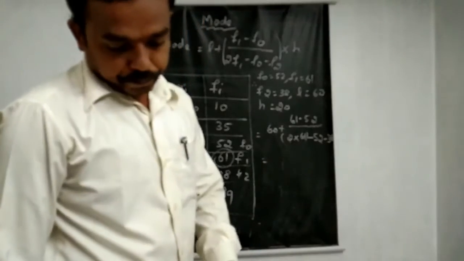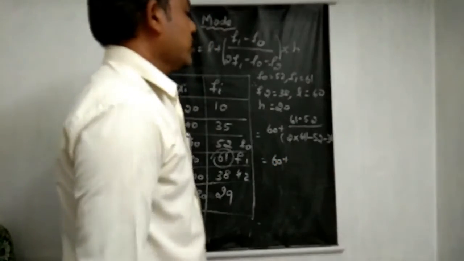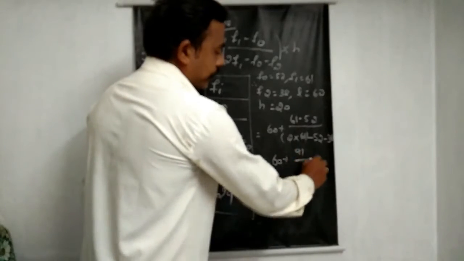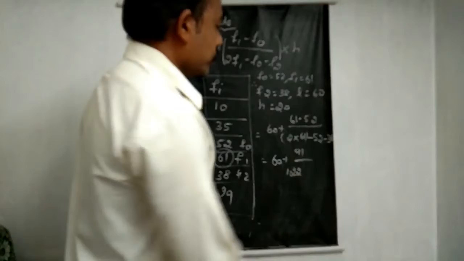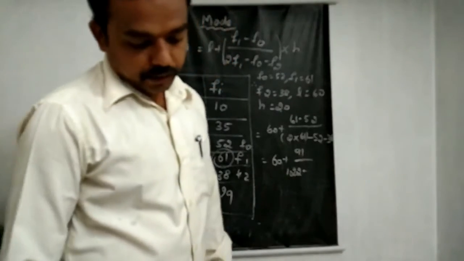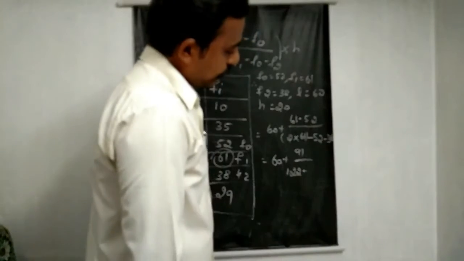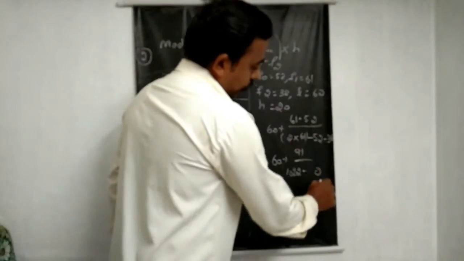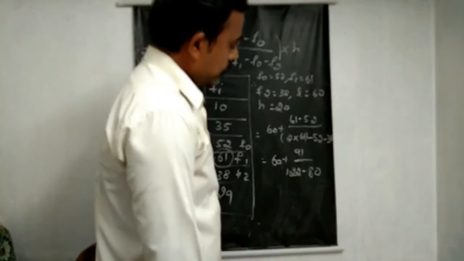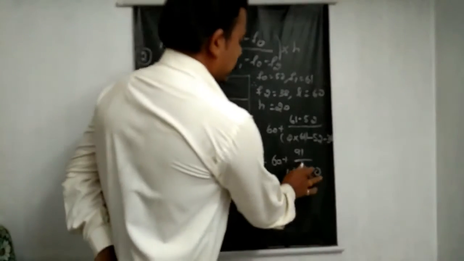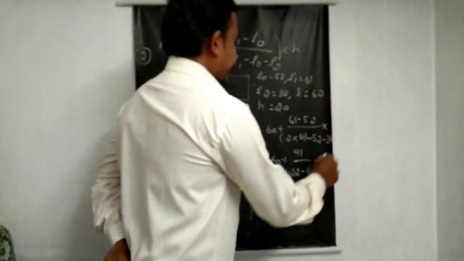So that is 60 plus 61 minus 52, 9, divided by 122 minus 52 minus 38, 32, into h, 20.